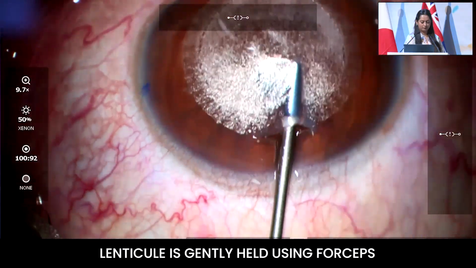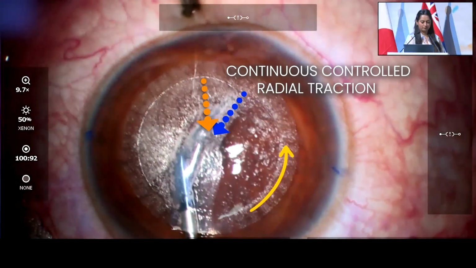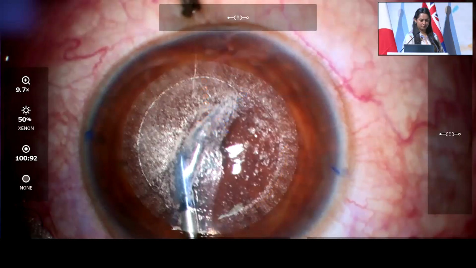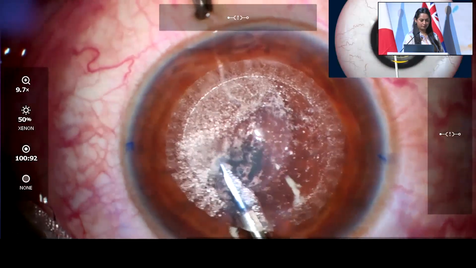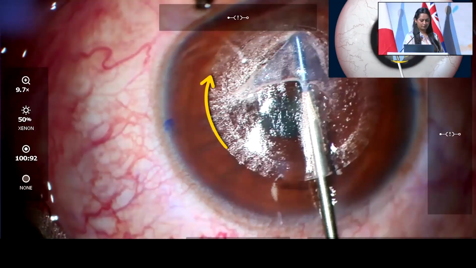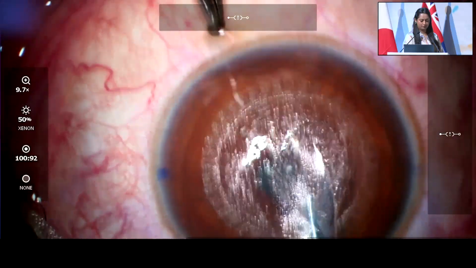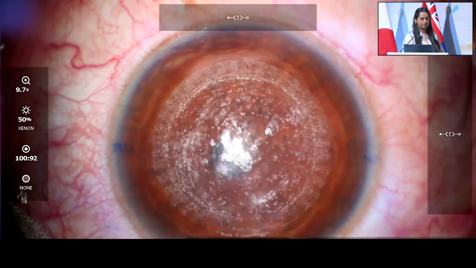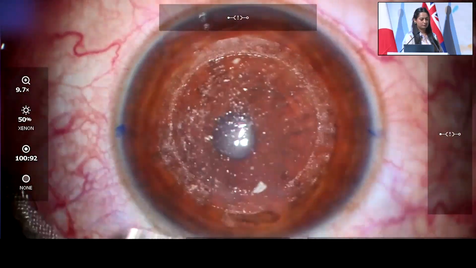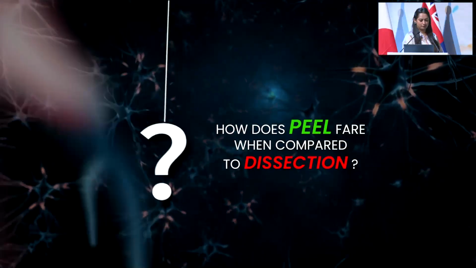We first hold the lenticule gently with the forceps and exert traction radially to pull the lenticule from the surrounding stroma. But not just that, we also wanted to see if this technique is better than the conventional dissection technique.